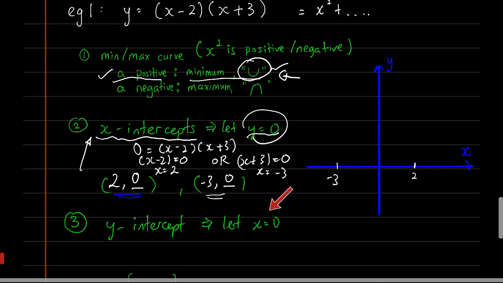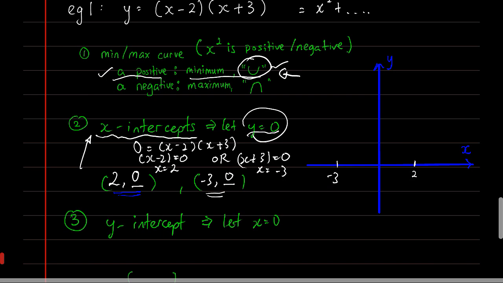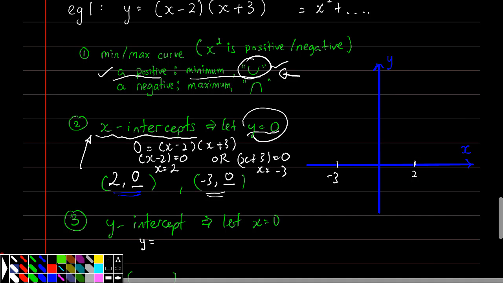Now the y-intercept is to let x equal 0. So again, I will write down the equation. And this time round, I erase x and then I put x equals 0. So 0 is here. This is 0, this is 0. And then I work it out.